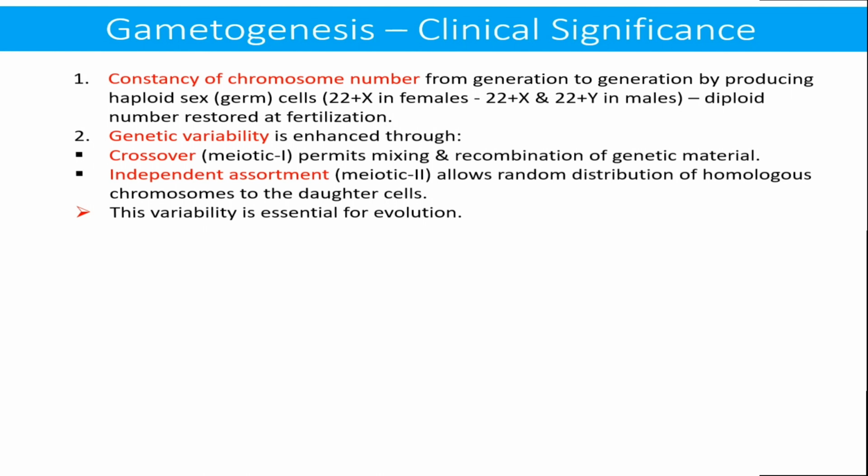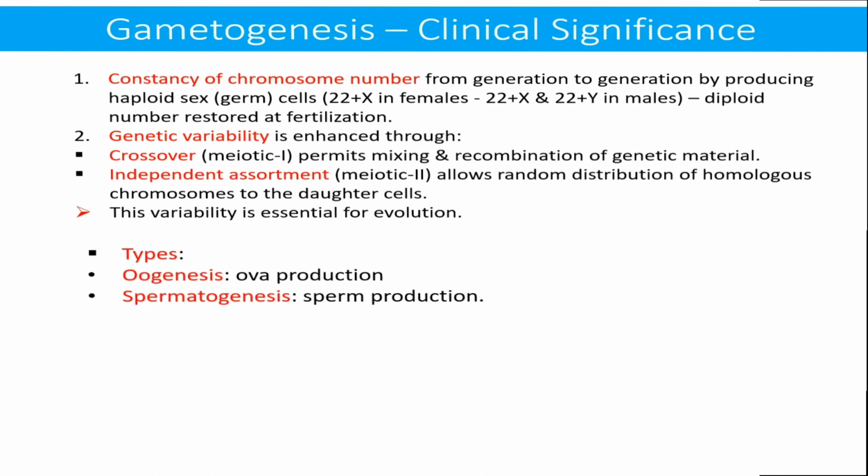Number two, genetic variability is enhanced during gametogenesis through, number one, the crossover process, which permits mixing and recombination of genetic material, and number two, independent assortment, which allows random distribution of homologous chromosomes to the daughter cells. This variability is essential for evolution.